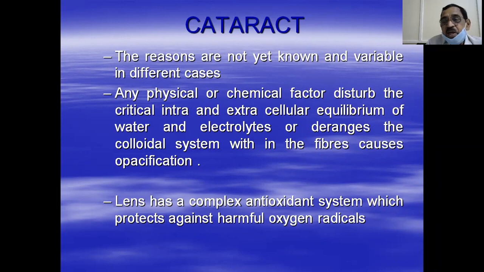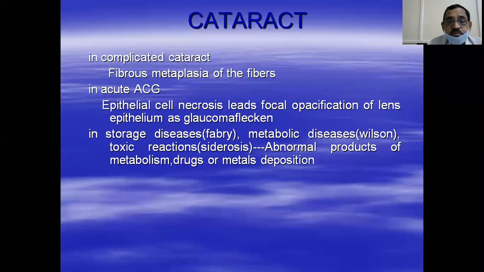The lens has a complex antioxidant system which protects against the aforementioned harmful oxygen radicals. In complicated cataract, there will be fibrous metaplasia of the fibers, which results in cataract formation. In acute angle closure glaucoma, there is focal opacification of the lens epithelium, otherwise known as glaucoma flecken, and epithelial cell necrosis occurs in these areas.